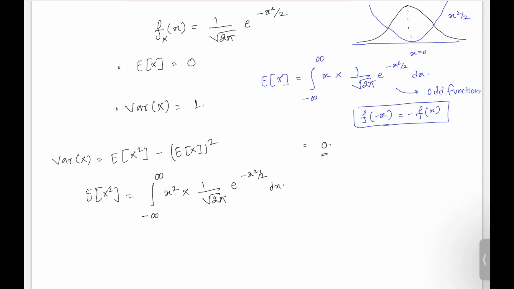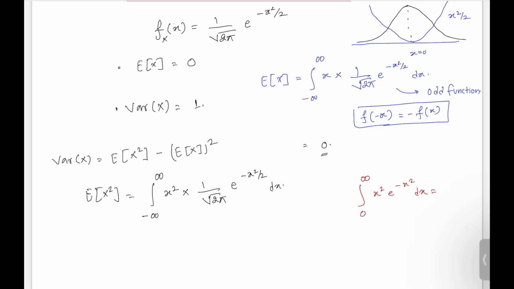So let me first give you this: the integral from 0 to infinity of x square e to the power minus x square dx. This is a very famous integral in probability theory.